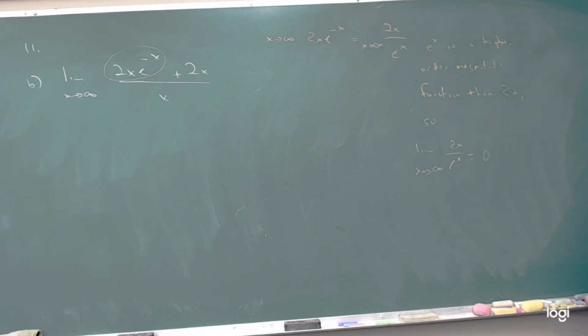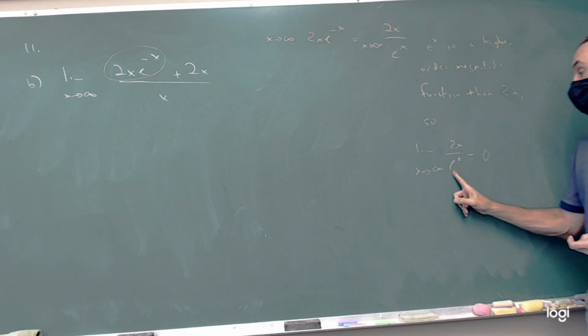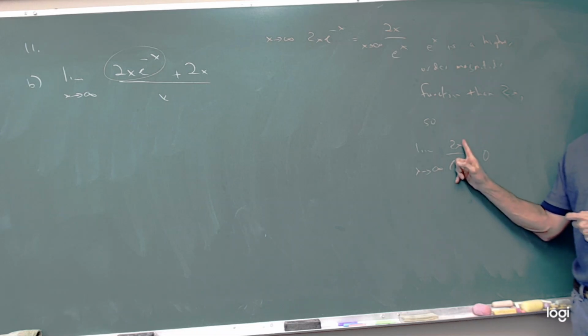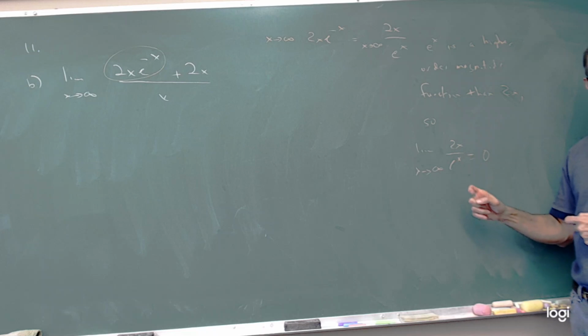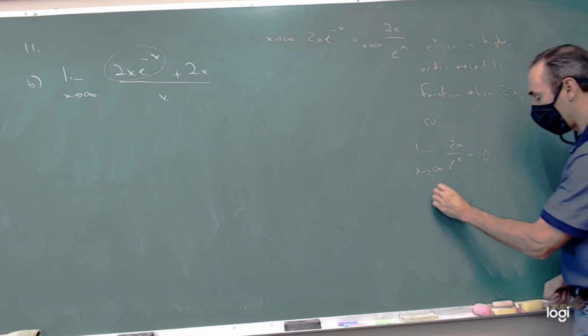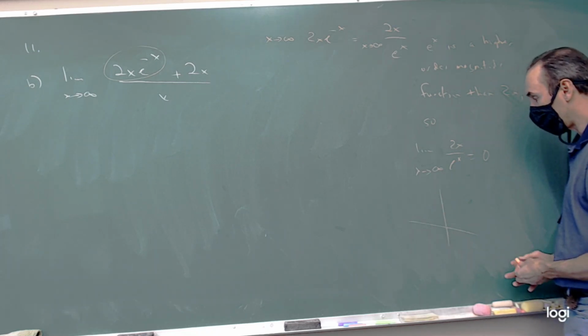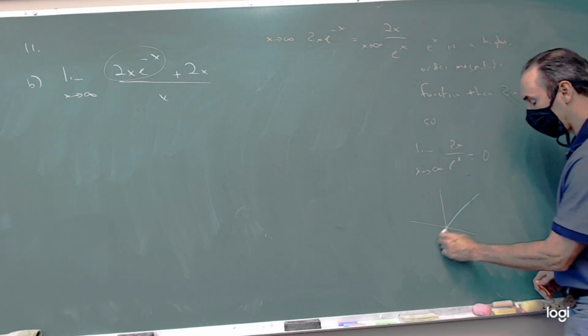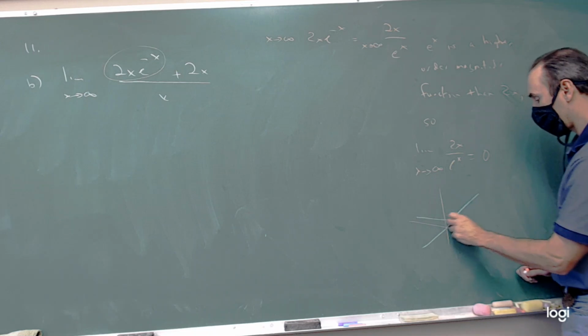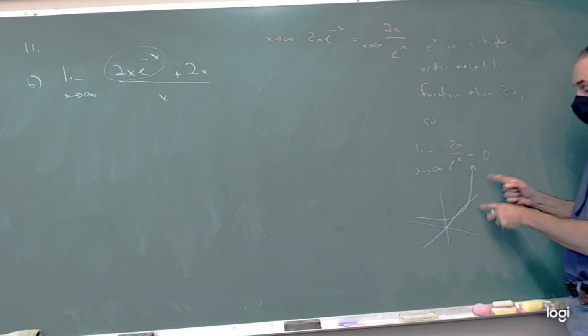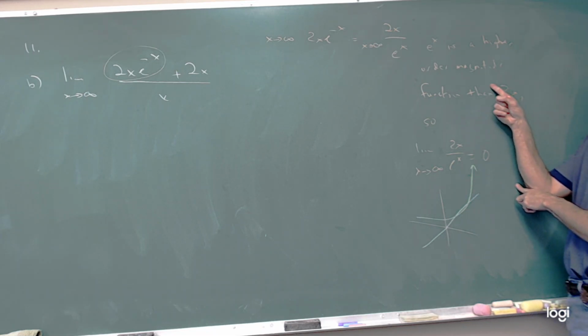So the e to the x is going to get much bigger, much faster than 2x. So as we put in 1,000, a million, a billion, remember if you're thinking of this graphically, our 2x is this linear function here, but our e to the x, it's taking off. So it's getting way bigger, way faster.